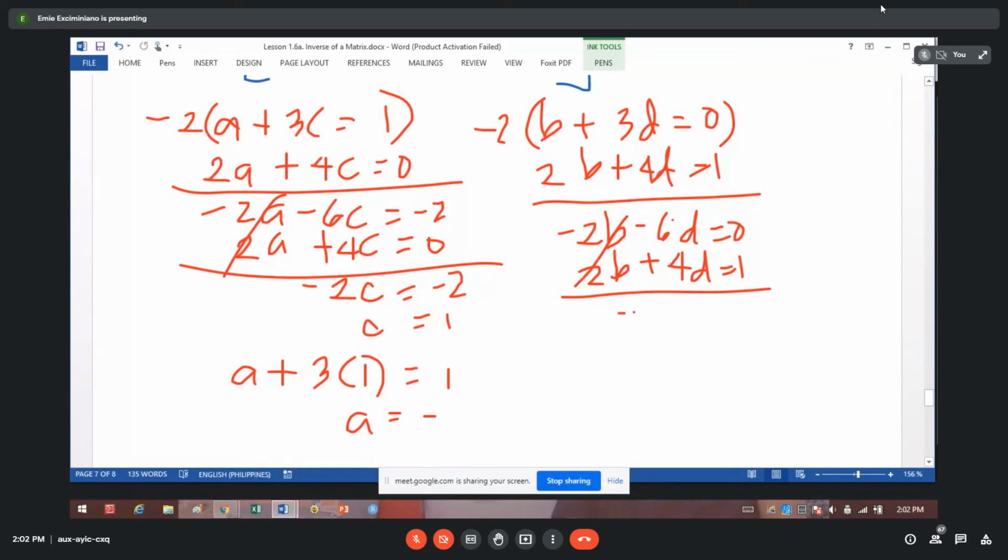Cancel na si B. Negative 2D equals 1. So D is negative 1 half.